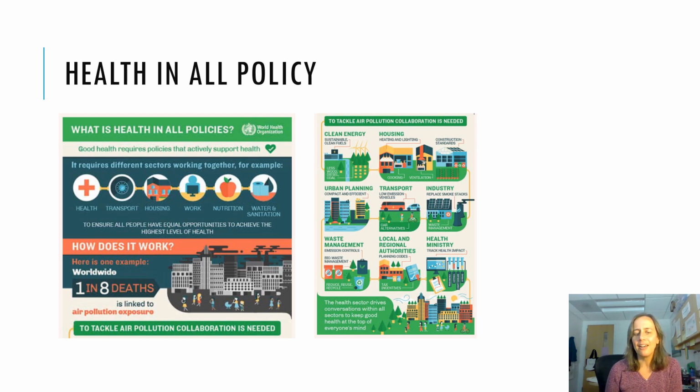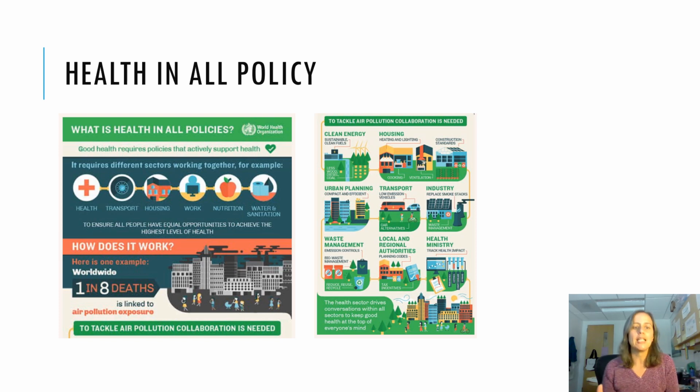So I really like the health in all policy section in the textbook, so definitely give it some time. But it talks about acknowledging that because of all of the determinants of health, right? Remember all of those social determinants of health that we just talked about, that a public health agency alone cannot produce the ideal conditions for optimal health for a community. So you need to partner with all the other aspects of society, right?